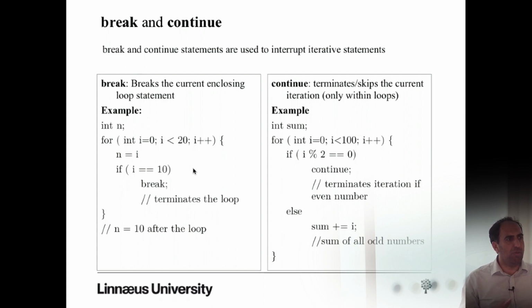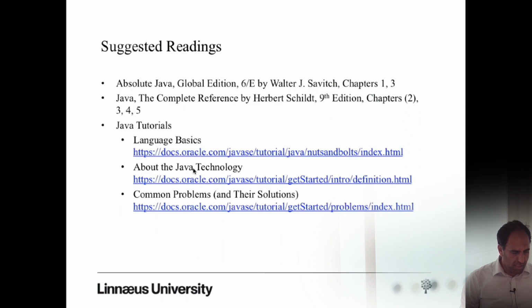Break will stop the whole loop and pass the control out of that loop, maybe to the next statement or to the outer loop. But if you want to skip only the current execution and not the whole loop, then you should use the continue statement. That's the fundamental difference between the two.